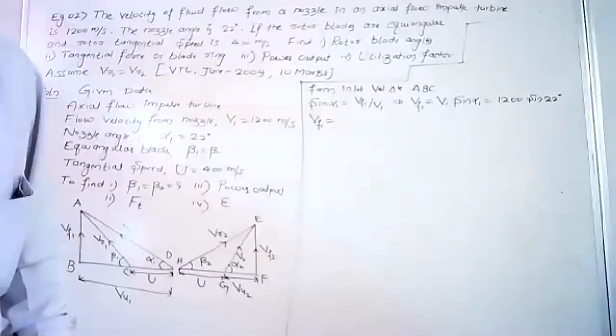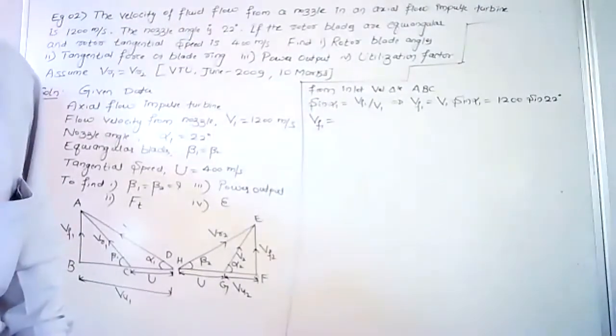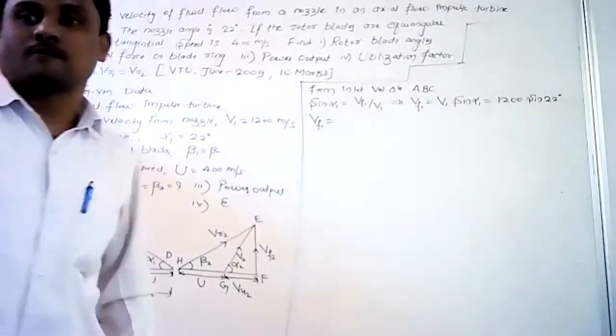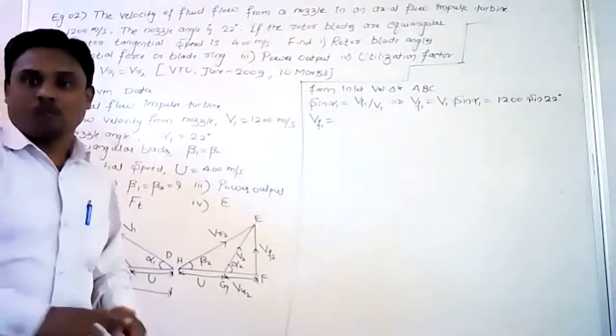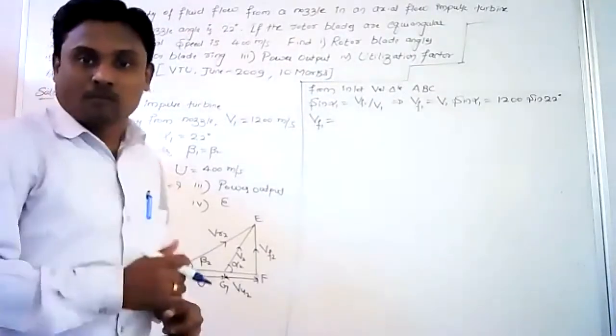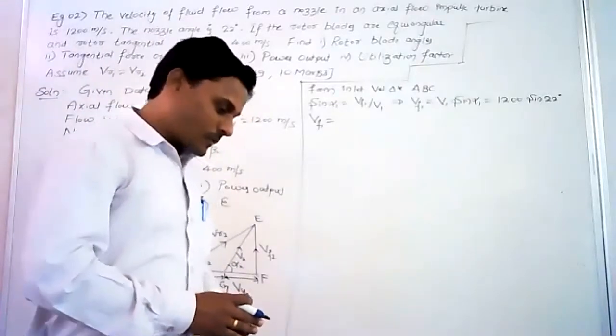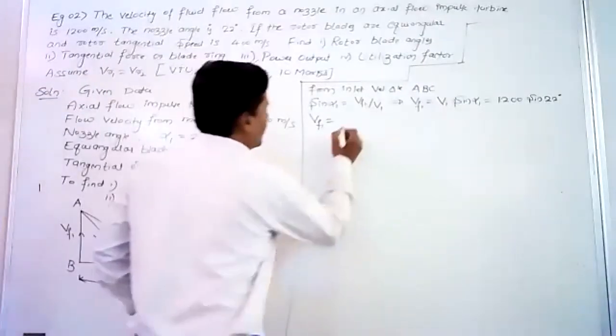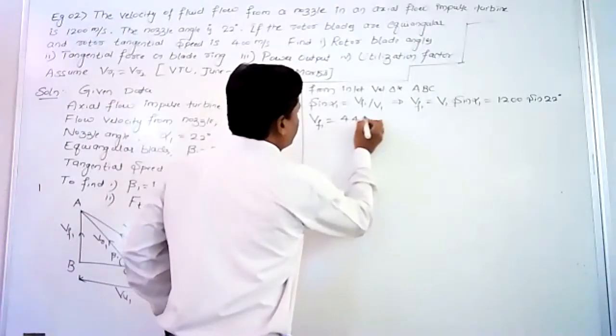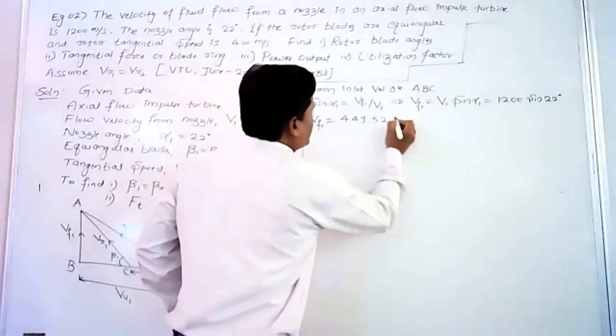Vf1 is 449.52. This is in meter per second.